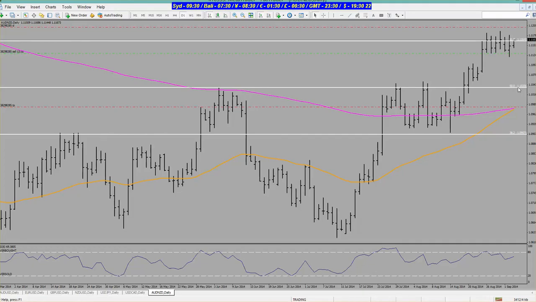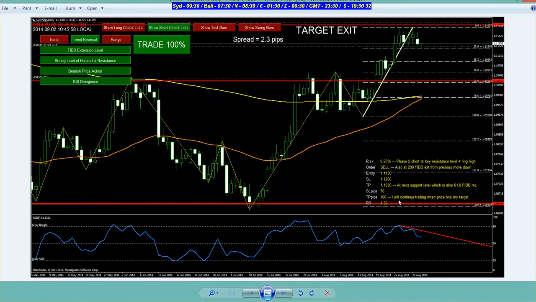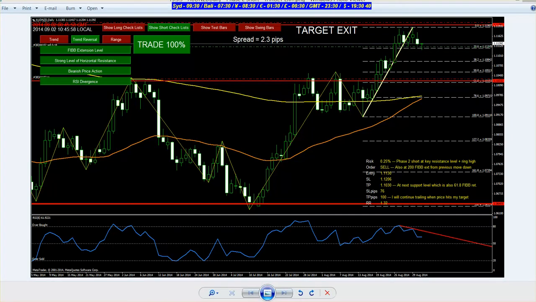On this 50 around 101.35, 101.40 area. I'll monitor that and maybe exit the trade, but at this stage I'm still targeting the 50. Gives me a better risk reward, but we'll certainly monitor it when it gets down here. Okay. Test.